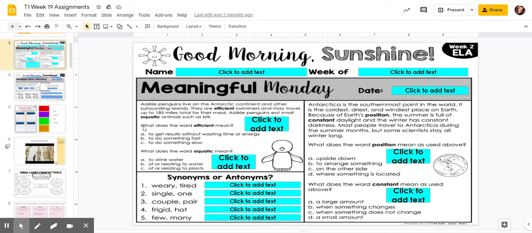Then choose the correct definition, A, B, or C, and write that letter in the box. For synonyms and antonyms, remember synonyms mean the same or nearly the same, and antonyms mean the opposite.